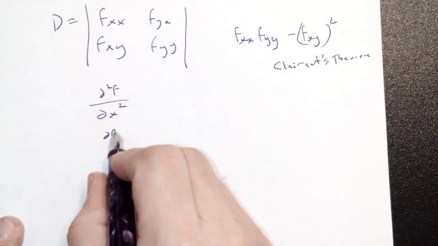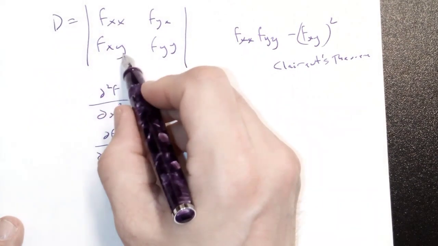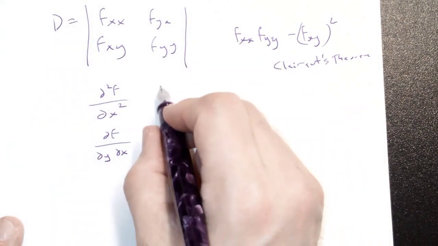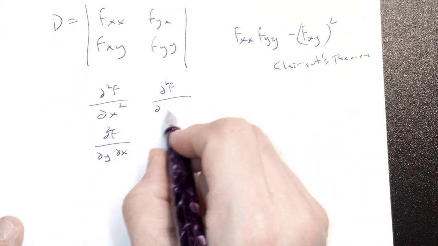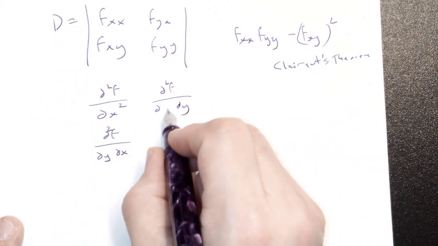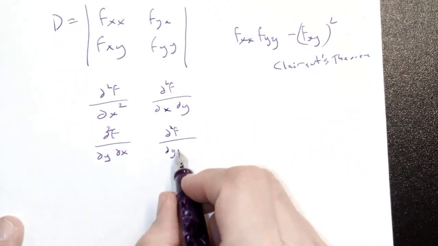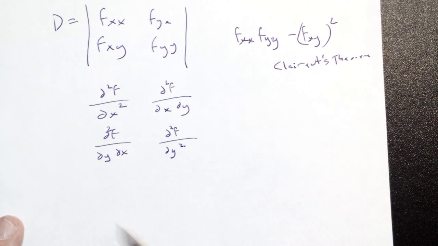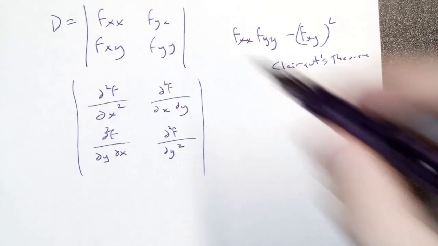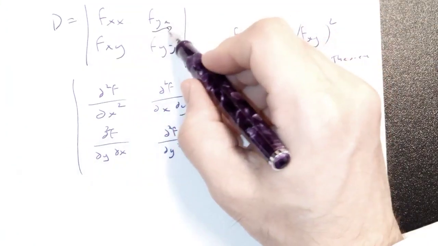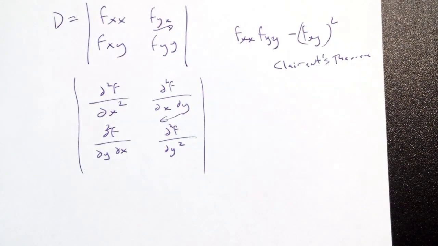This one is the second derivative with x first, then y. This one is the second derivative with y first, then x. And this is the second derivative y twice. That's the issue, is that the subscripts get read left to right. The D's get read right to left.